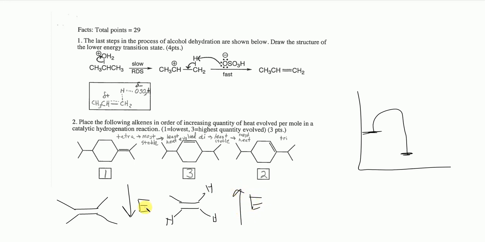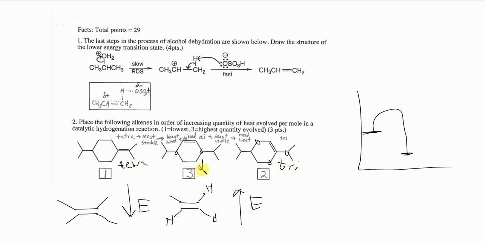Using this concept, I'm going to categorize the substitutions of these double bonds. This is tetra, so I'm going to put T, and this is 1, 2, so this is di, and I'll put D, and this one is 1, 2, 3, so this is tri.